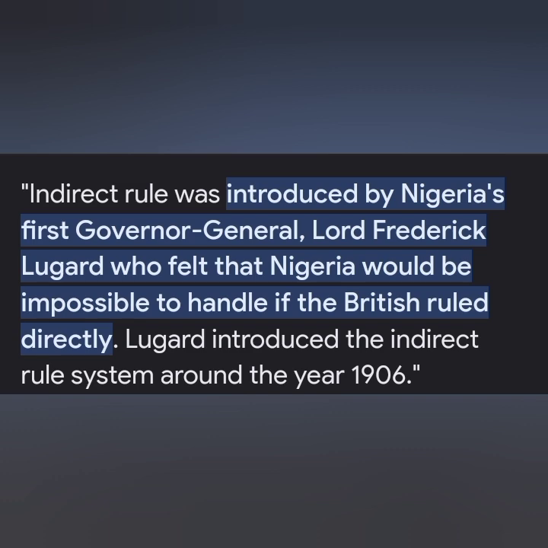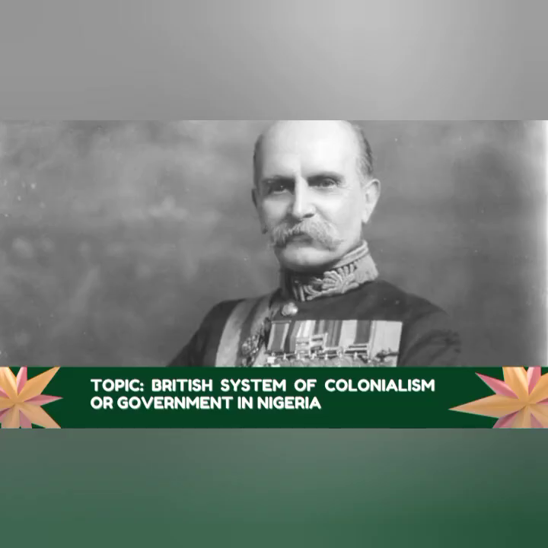This system of government was introduced in Nigeria by the first Governor General of Nigeria. I'm talking about Sir Lord Lugard. It was Sir Lord Lugard that introduced this system of indirect rule in Nigeria. He introduced it in 1906 in Hausa land when he was the High Commissioner of that region. But when the Northern Protectorate was joined with the Southern Protectorate in 1914, the system of indirect rule was introduced in the whole of Nigeria to govern Nigeria.